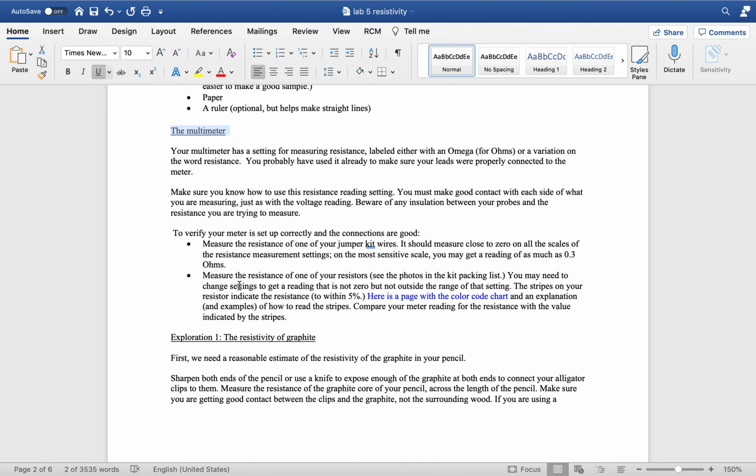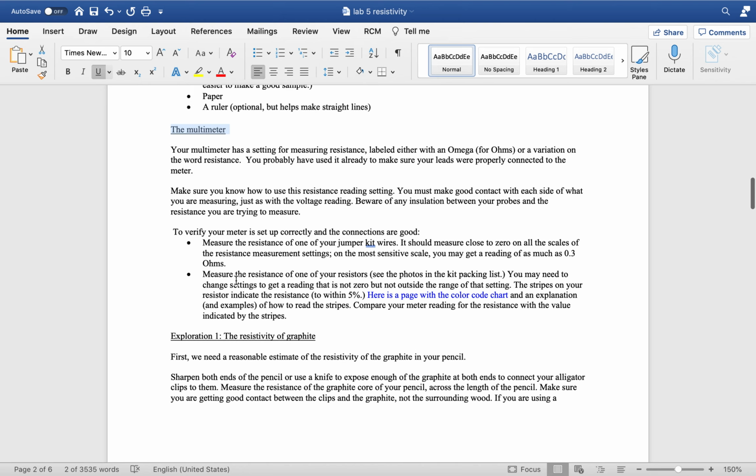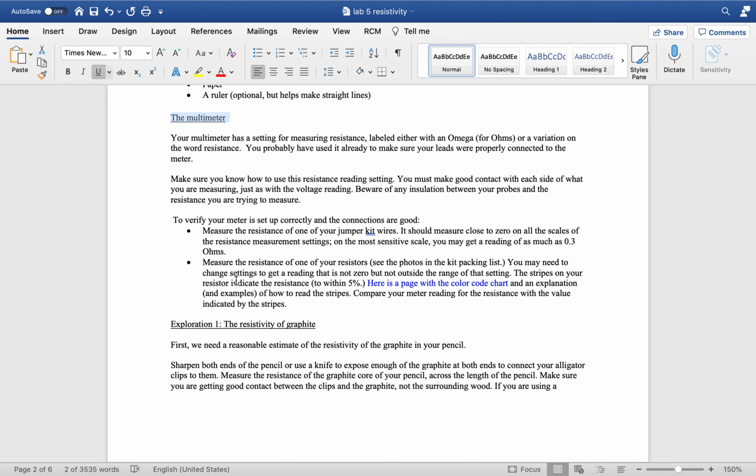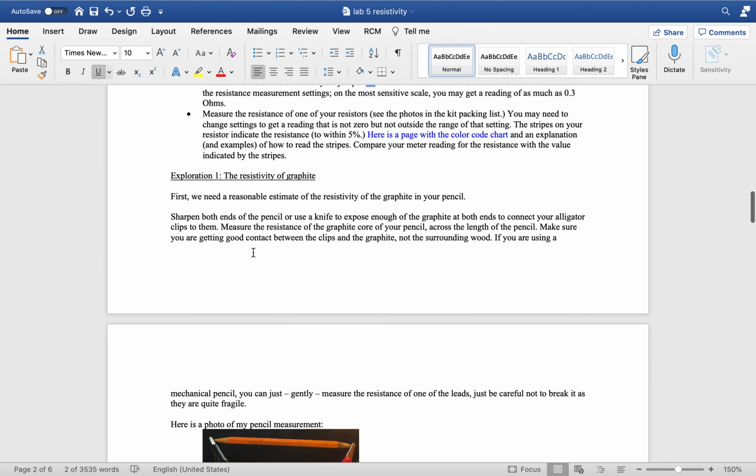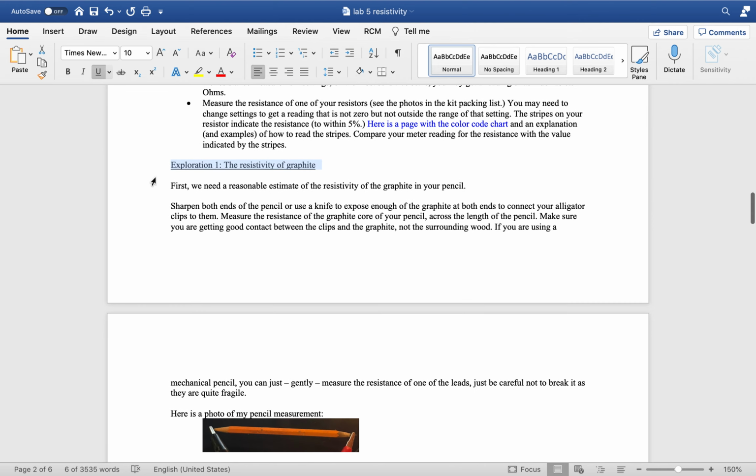This part tells them how to set it up, but I'm sure they will have questions regarding how to set up a multimeter so that it can measure resistance correctly. Exploration 1 is the resistivity of graphite.